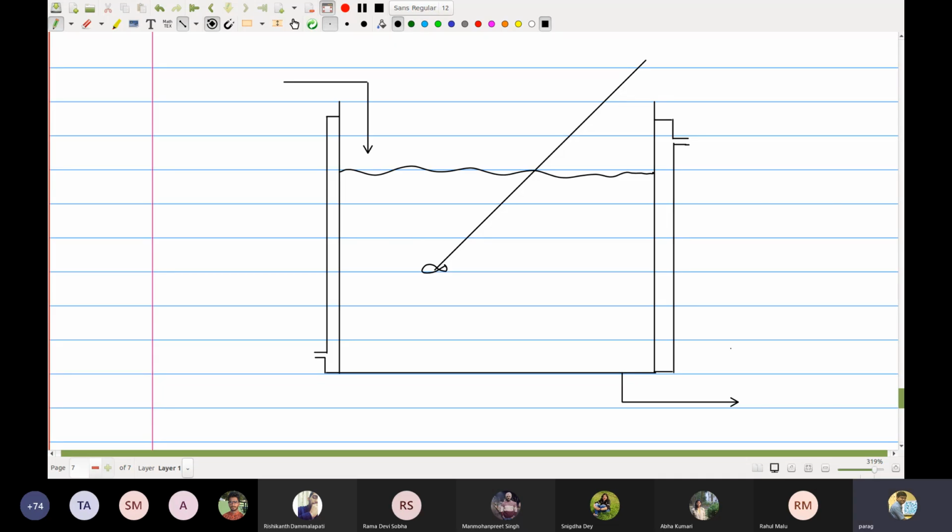What's the purpose of the jacket? The purpose of the jacket is to either cool or heat the contents of the liquid in the reactor. So there would be a cooling fluid or a heating fluid which will go through it. Here is the inlet, here is the outlet.